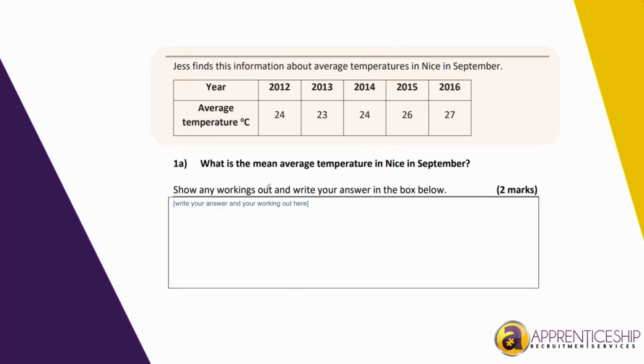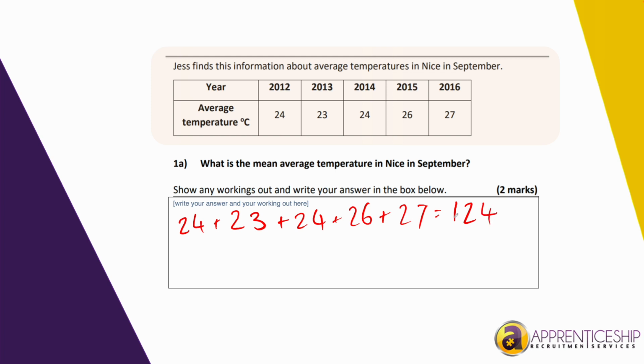So here we've got some data again. We've got the average temperature in Nice. So we want to work out the average temperature in Nice. So we'd add all this together. 24, sorry, add 23, add 24, add 26, add 27 equals 124.